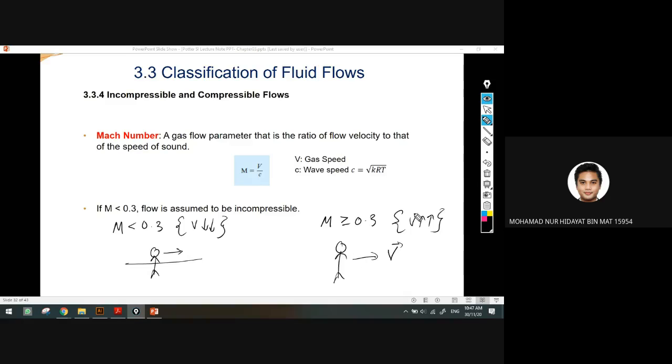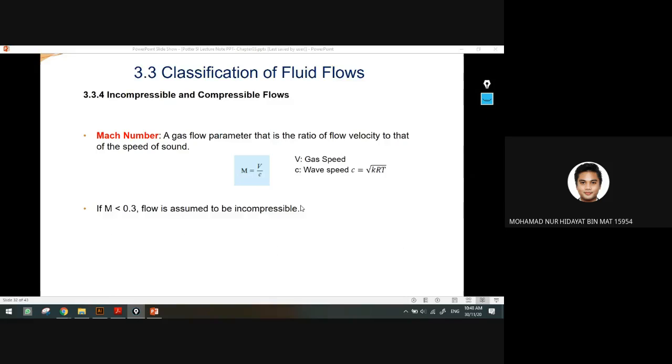When it is in air, definitely it can be compressed. Water is incompressible. That's why the flow is assumed to be incompressible if the Mach number is less than 0.3. That means it involves water, so it is incompressible.